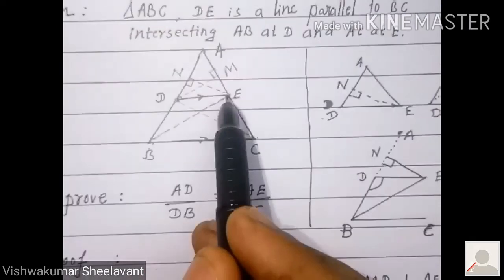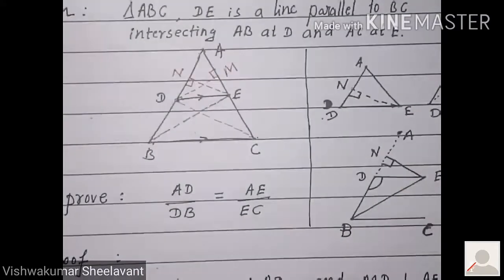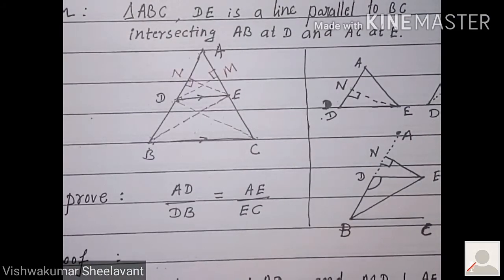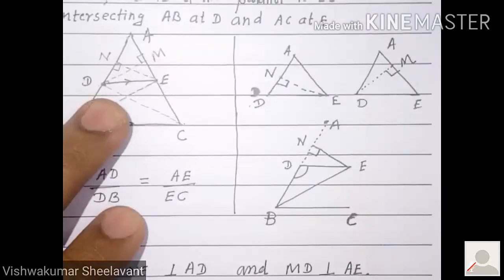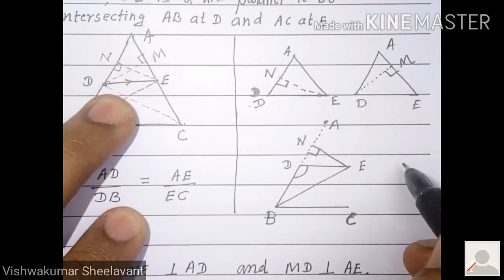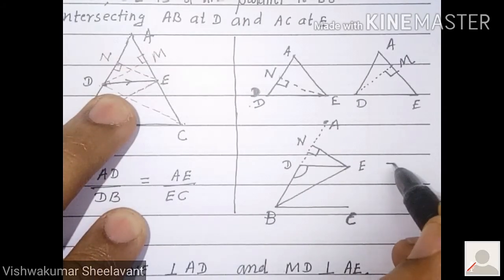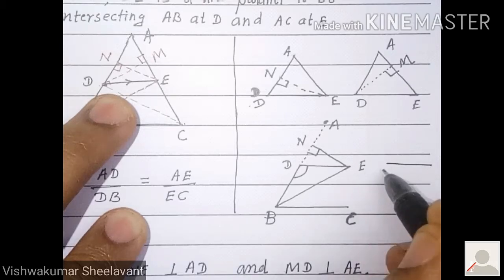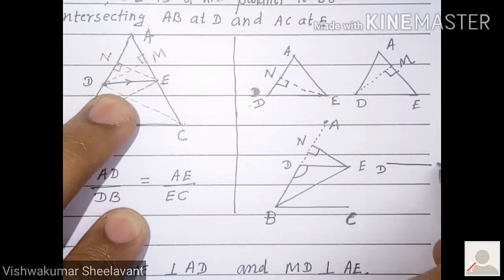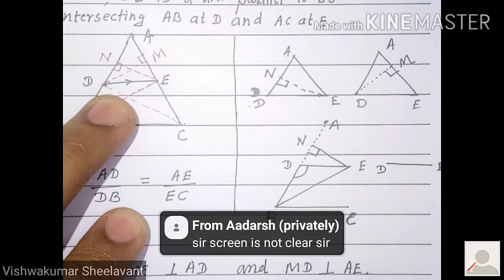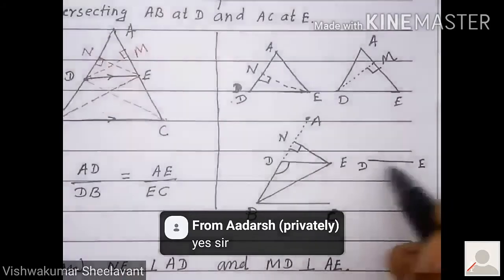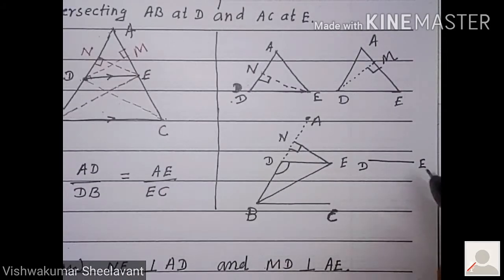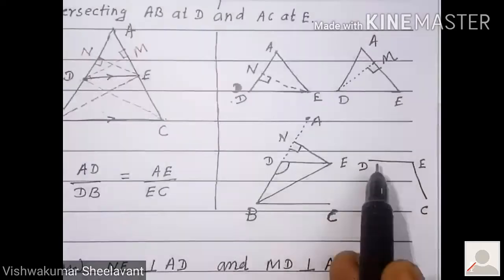DEC. That means this triangle we are talking about. Okay. So we'll draw this once again here. This is D. This is E. Now it is to be triangle DEC. So join it here.